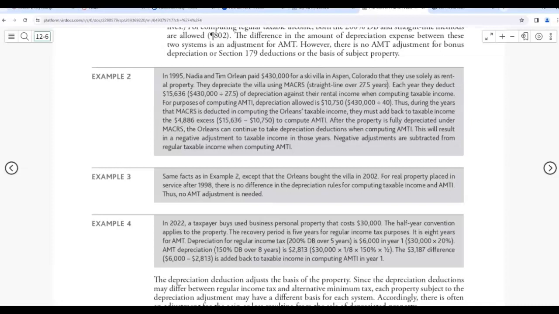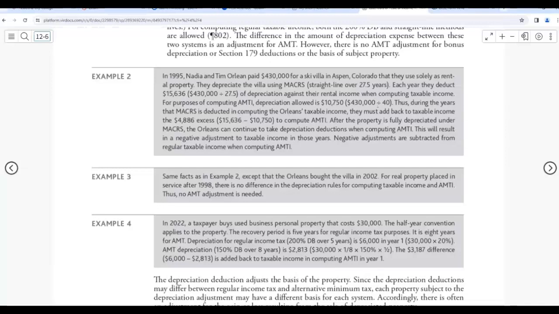That's residential property and should be 27.5 years. Each year they deduct $15,636, which is total cost divided by 27.5 years. For purposes of computing AMT, depreciation allowed is $10,750, which is a longer period of time.